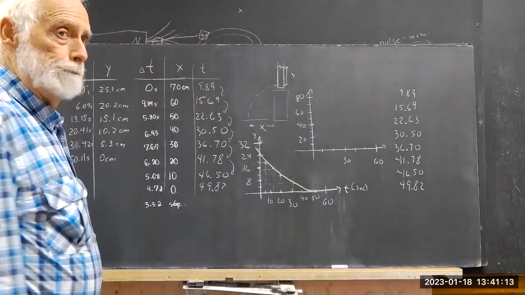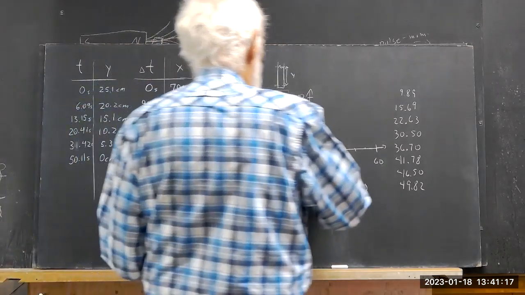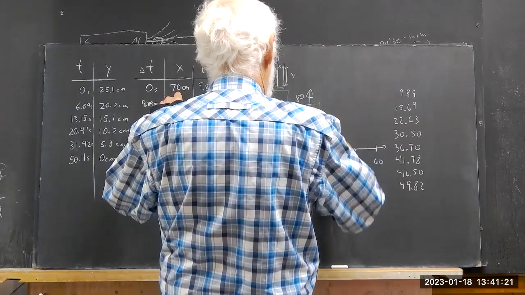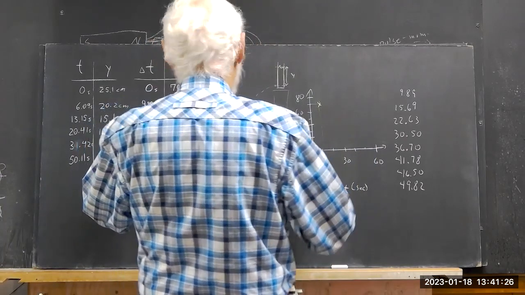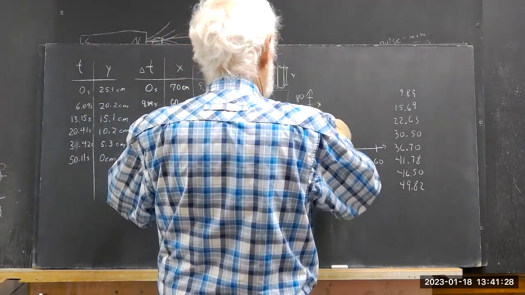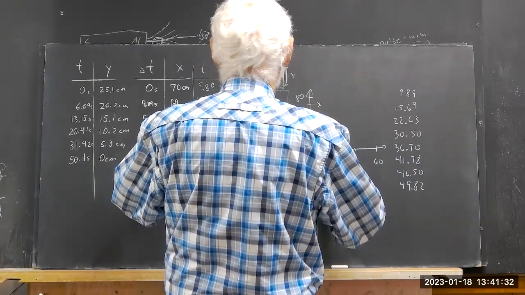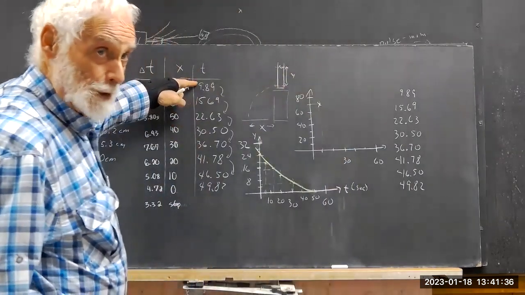Now I just got my points. 9.89 seconds is going to be pretty close to 10 seconds. That's going to be 70 centimeters. Down here, and up here, I got a point about there. And 60 centimeters is going to occur at 15.69 seconds. Well, that's going to be. Remember, when I wrote these down, I didn't write 0 here.